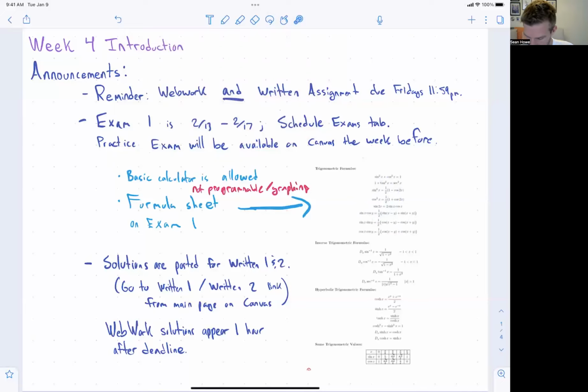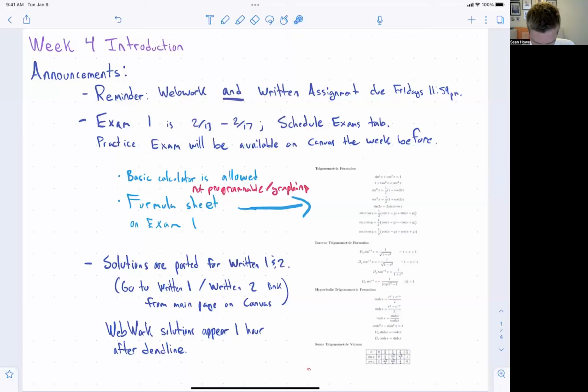Then it has the derivative formulas for the inverse trigonometric functions, so you don't have to memorize all these, although of course it will help to at least be familiar. It has the definitions of the hyperbolic trigonometric functions, and it also records basic trigonometric values like sine of pi over 6 is a half and cosine of pi over 6 is square root of 3 over 2. Those basic values you probably saw come up in last week's homework.